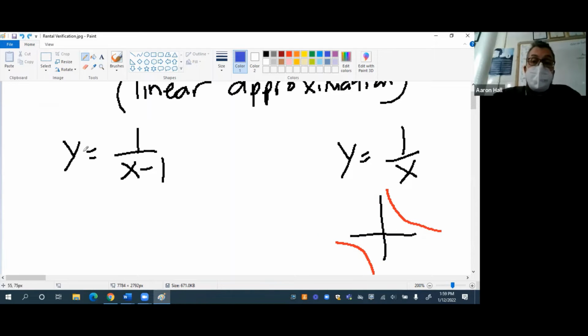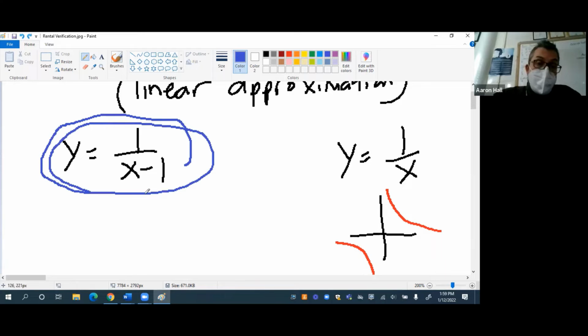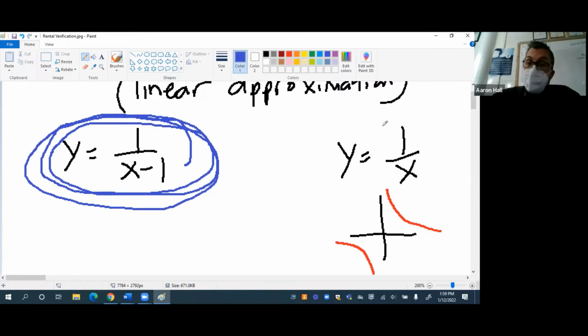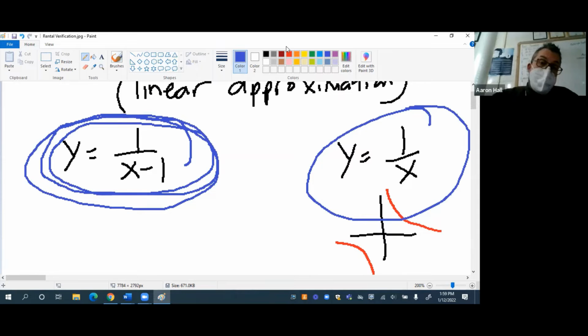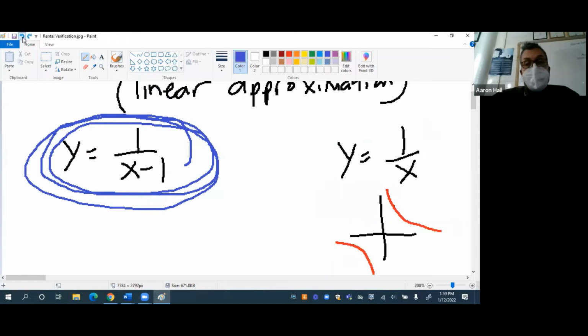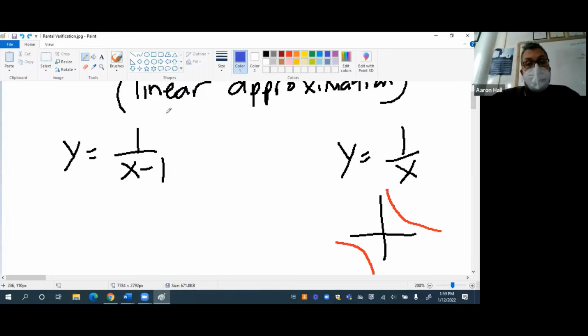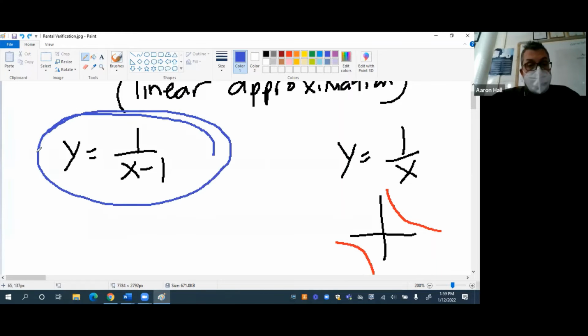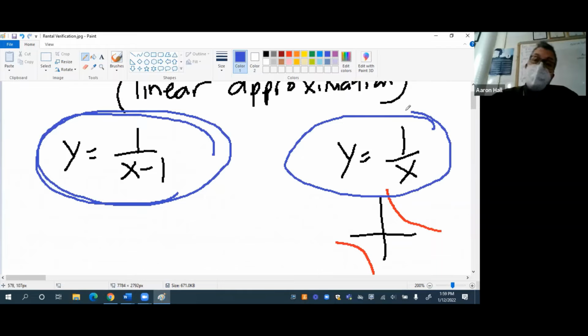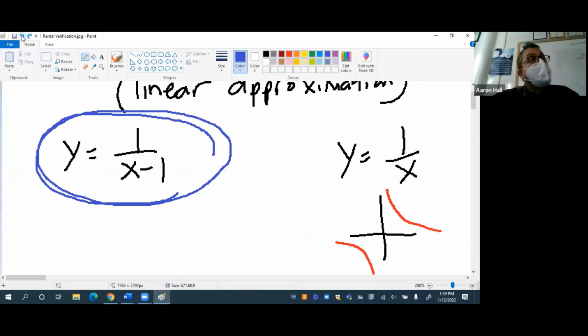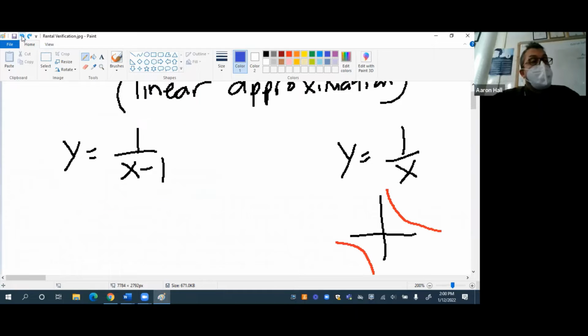Now, looking at this equation, what kind of transformation occurred compared to the parent function? It's a horizontal shift. In what direction? It goes to the right. We could imagine that we have parentheses here, and whenever we have parentheses, it does the opposite of what we would expect.